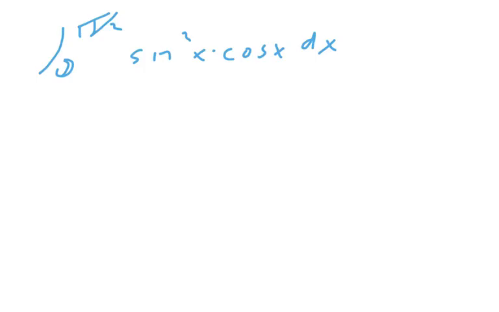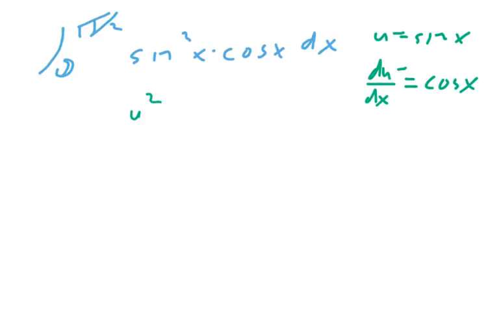Alright, in problem number 12, u is going to be equal to the sine of x, because that's the one that has the exponent. Du dx equals the cosine of x. So, u squared times cosine of x times du over cosine of x. And the cosine of x cancel.